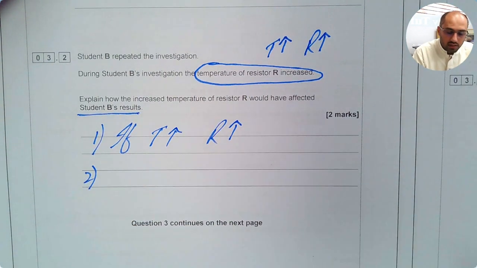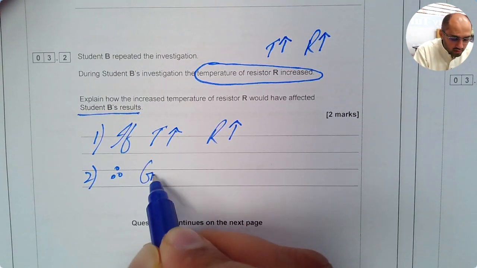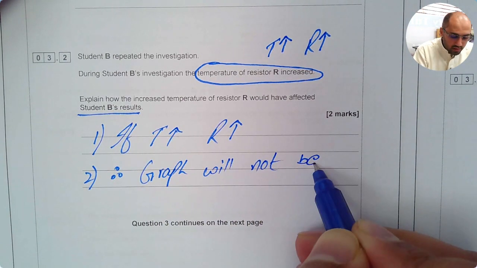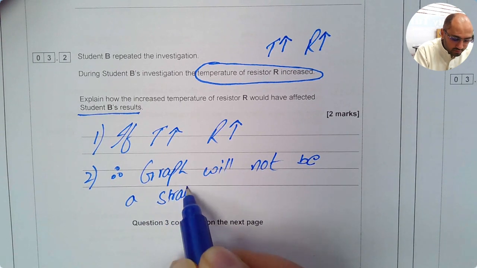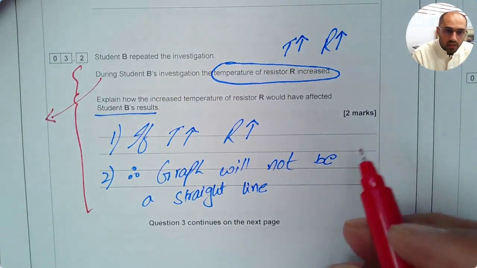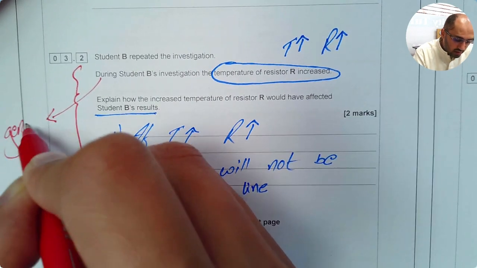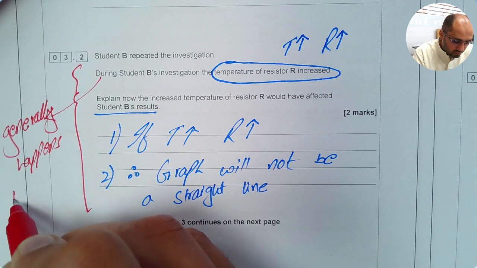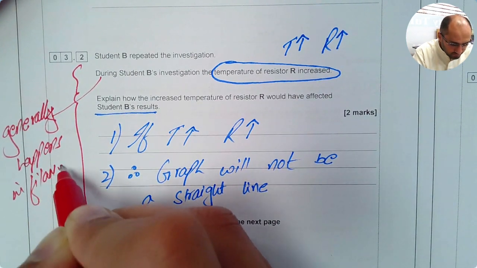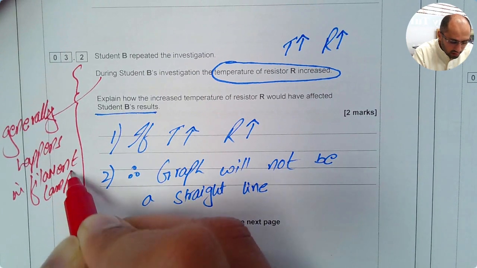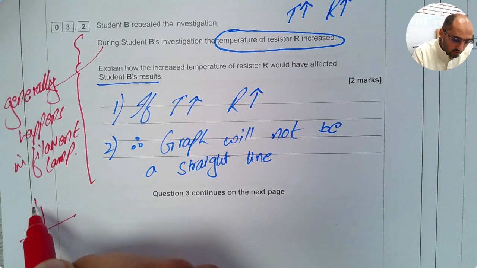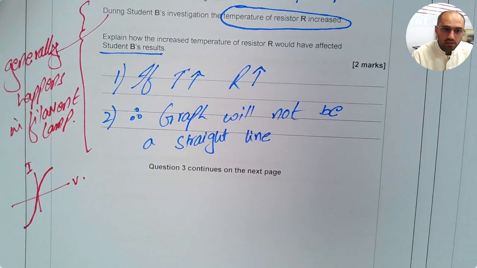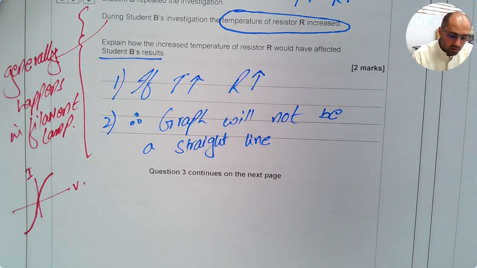Number 2, I can say therefore graph will not be a straight line. This generally happens in a filament lamp. And that's why when you plot a graph of a filament lamp for IV, it has a shape like this, because the resistance is changing. It is not constant, so it is not a straight line.